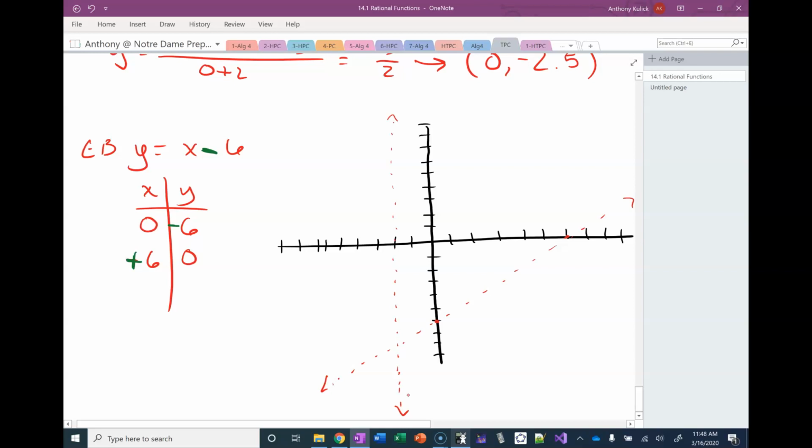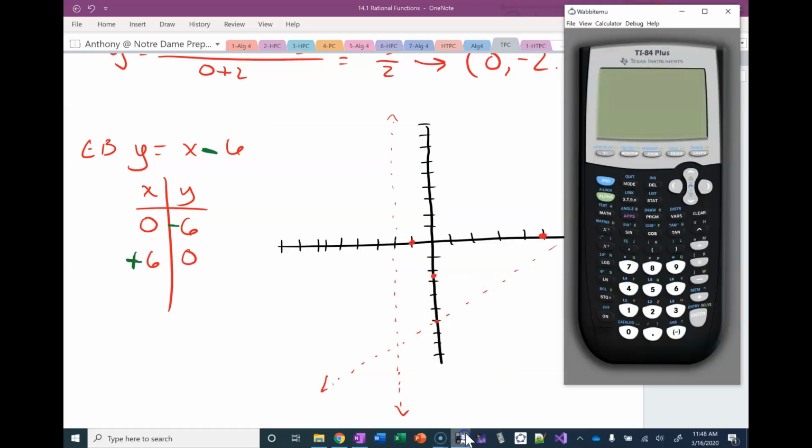And then I have my zeros, which happened at +5 and -1. And then my y-intercept here down at -2.5.